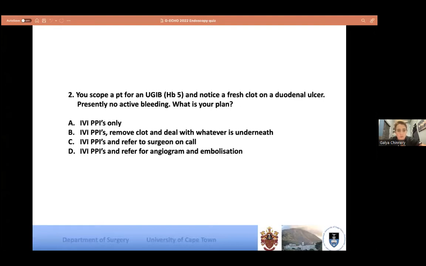Cheryl will launch the poll, and then you can just choose, in theory, with that situation, what would you like to do? So either just give IV PPIs, patient is stable, there's no bleeding, or give IV PPIs, try and remove the clot, and then deal with whatever's underneath. Give PPIs and refer immediately to the surgeon on call, or IV PPIs and refer for an angiogram and embolization.